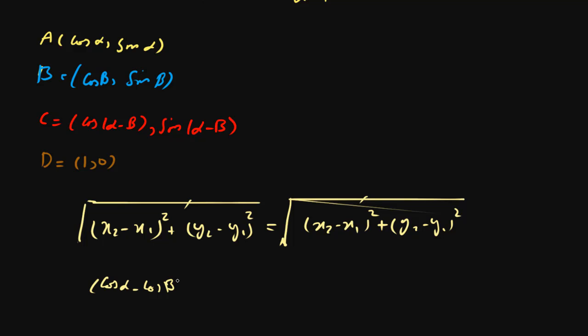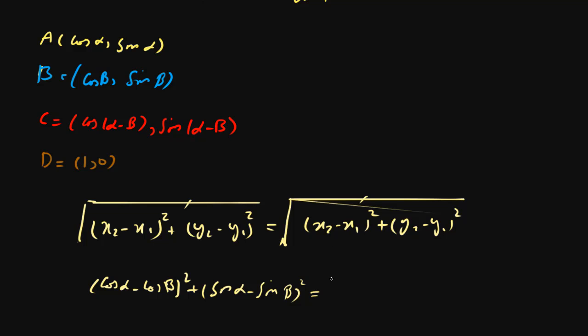Now we square that, plus y2, which is sine of alpha, minus sine of beta. Okay, squared, and the square root cancels.